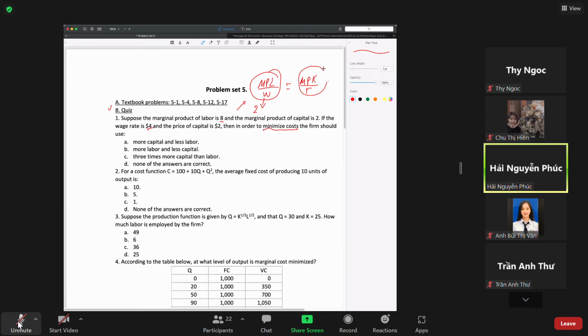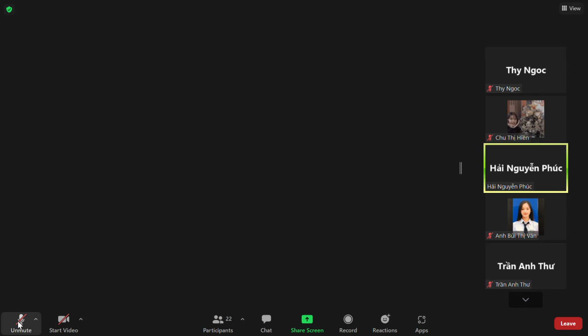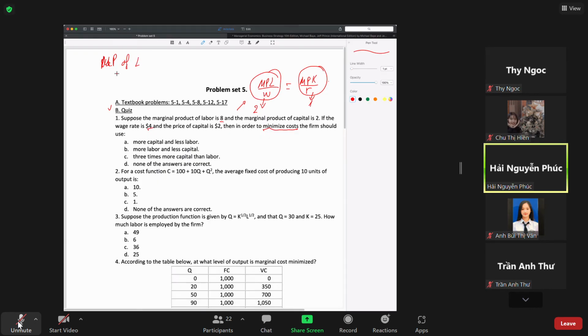So this one is going to be equal to 1. So what we are observing is that the marginal product of labor per dollar spent is greater than the marginal product of capital per dollar spent.